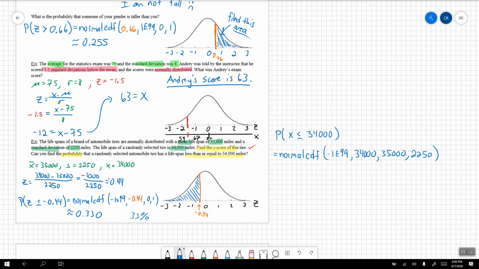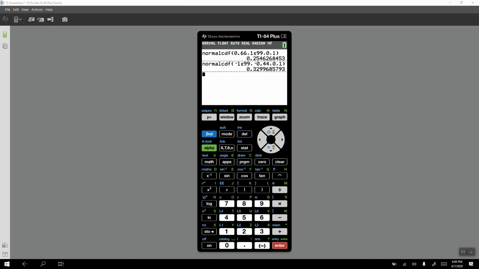So let's go back to the TI. All right, here we are back at the TI. I want to access that NormalCDF again, so let's go to NormalCDF. There we are. -1E99. My upper bound was at 34,000. There we are. My mean was at 35,000.